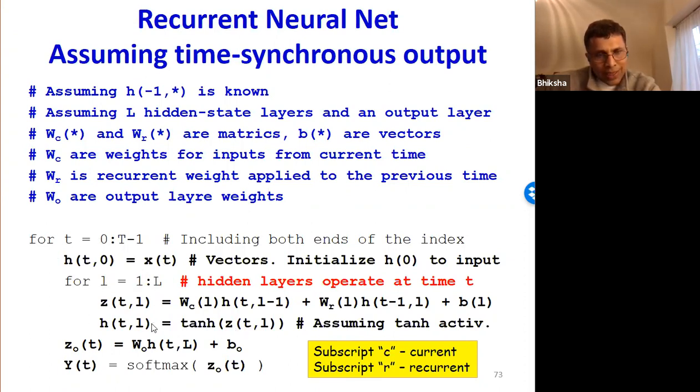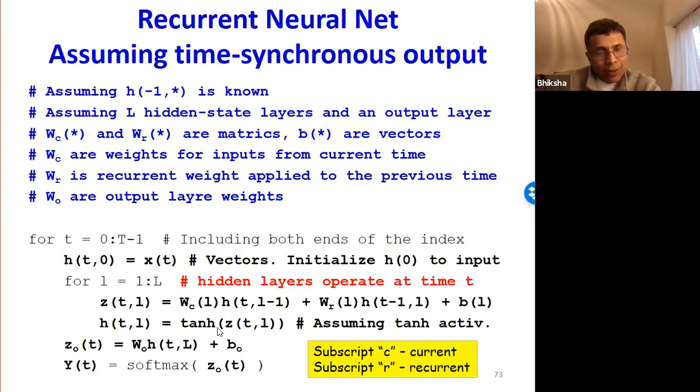For each hidden layer, first you compute this affine value, which is a weighted sum of the previous hidden layer at the current time, H_t^(L-1), which is the lower layer at the same time, H_(t-1)^L, which is the same layer at the previous time, and the bias. And then finally, you compute the hidden state value by applying an activation.